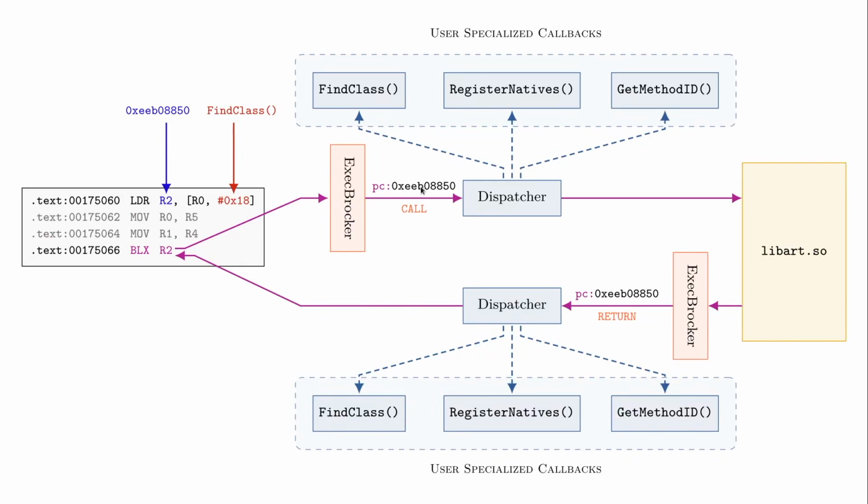From this point, you can convert this address into a symbol, because you can resolve FindClass thanks to the env variable, and you can process the parameter. Then the FindClass function is executed. The exec broker detects that the function finished, and you can do the same analysis when the function returns. Especially, you can, for instance, analyze the return value.